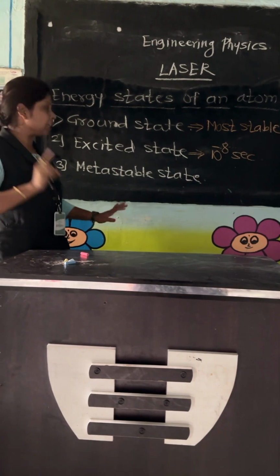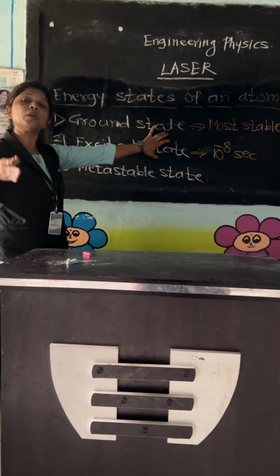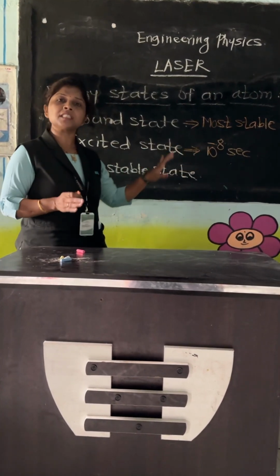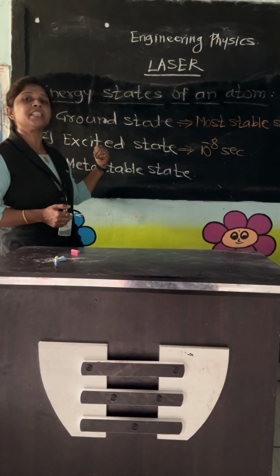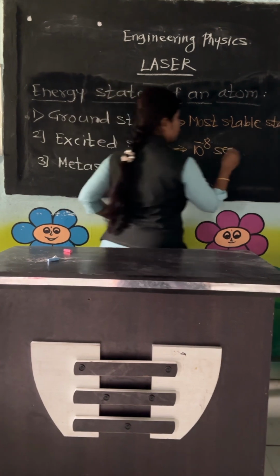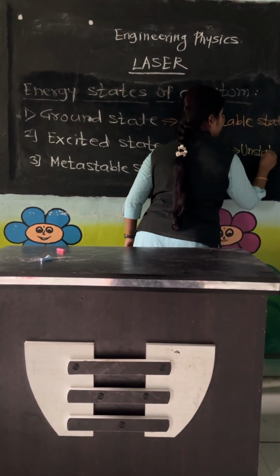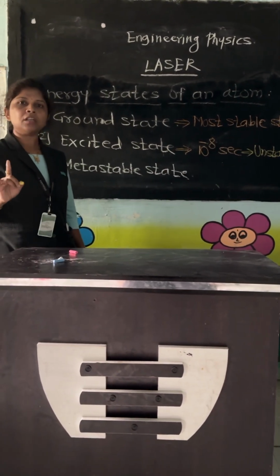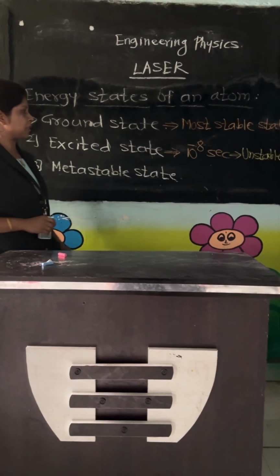Thus, excited state is also called the unstable state, because the atom can remain there for a very short time.